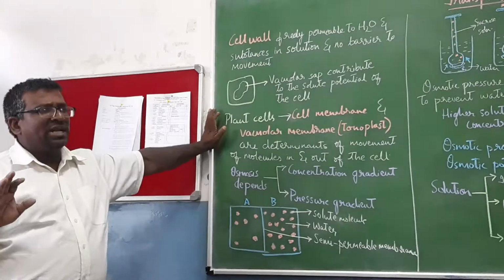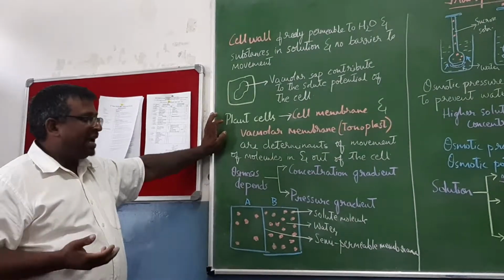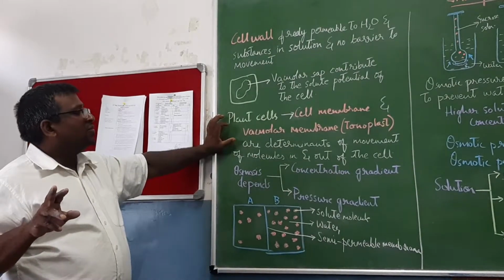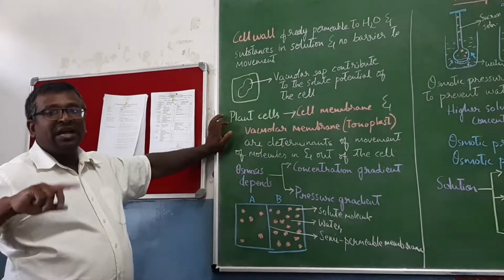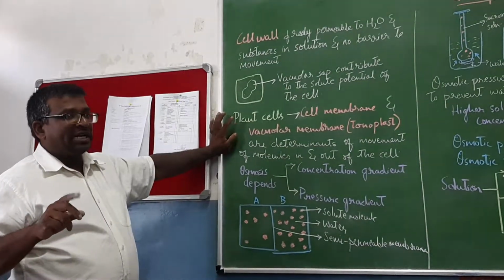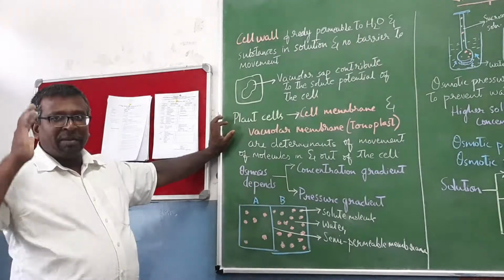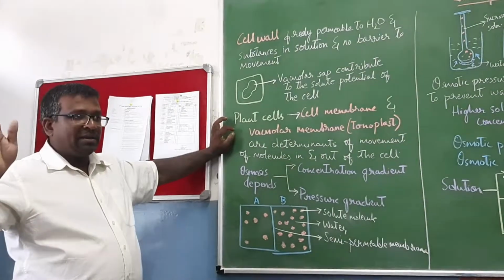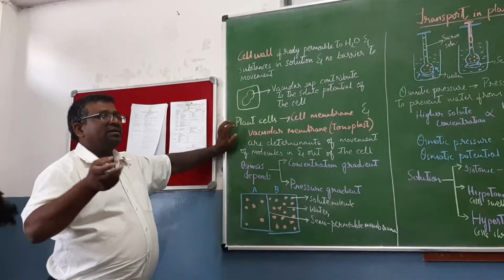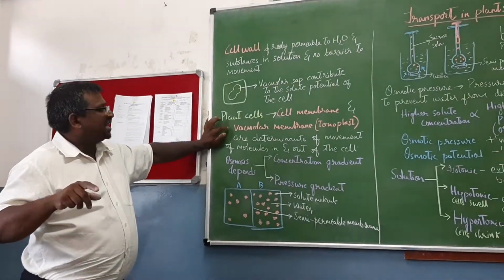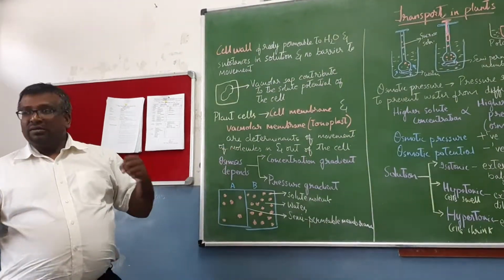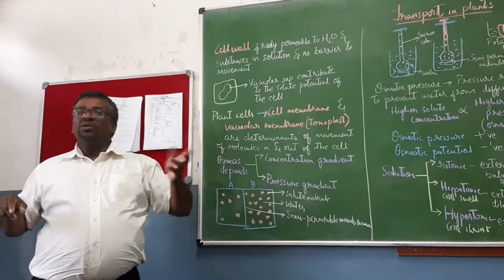Plant cells, you know, have cell membranes and a vacuolar membrane. Both of them are responsible for movement of molecules in and out of the cell. Two things: the cell membrane, which can also be called the plasma membrane, you remember the fluid mosaic model of the plasma membrane, and the tonoplast, which is nothing but the vacuolar membrane. They are responsible for what substances have to move in and out of the cell.